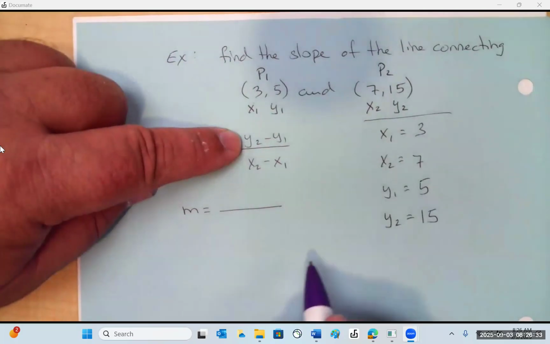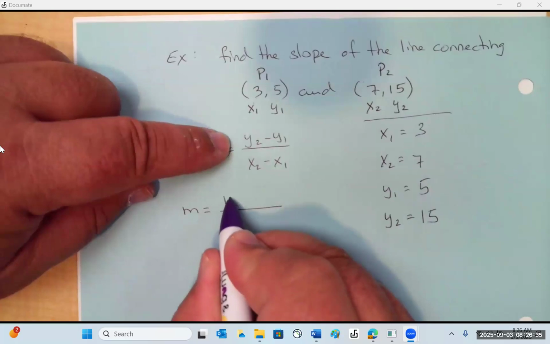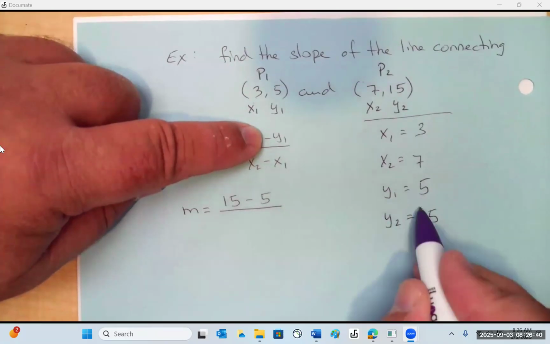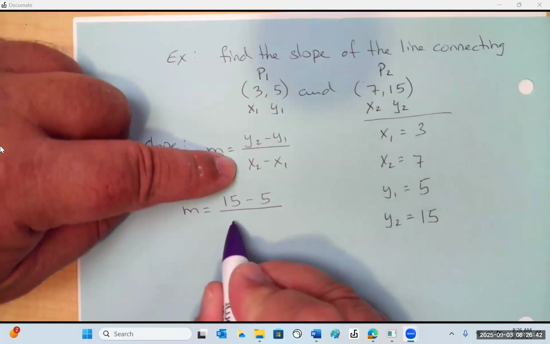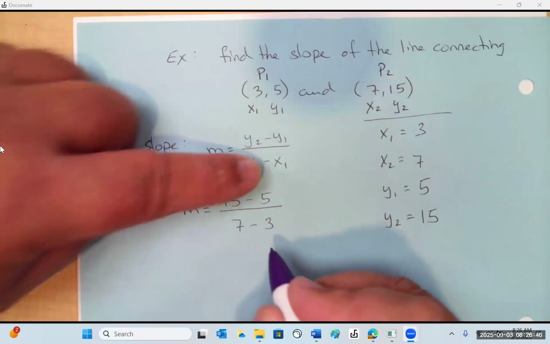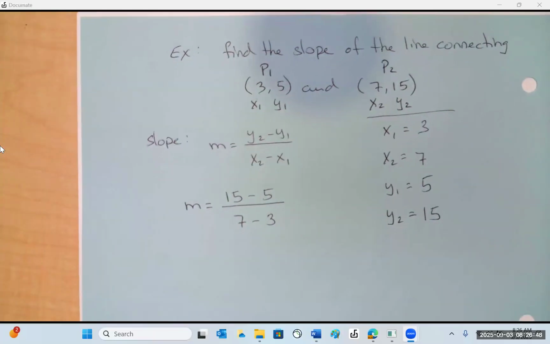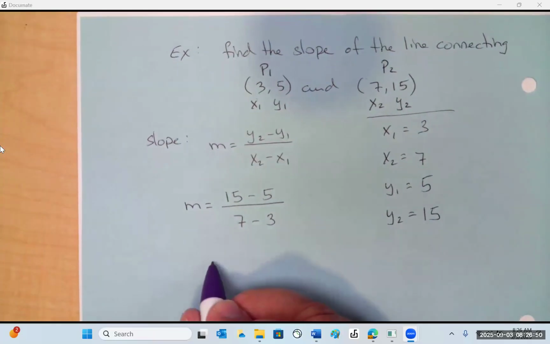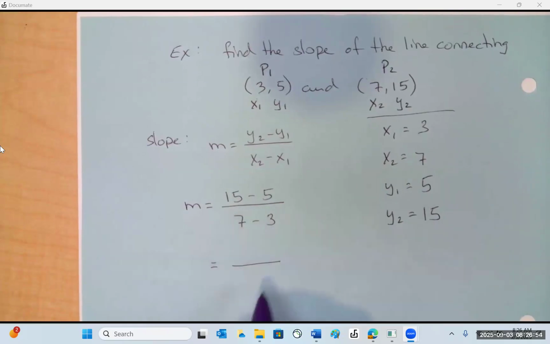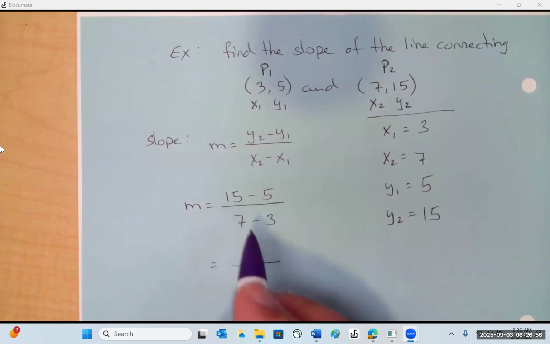So y2 is 15, y1 is 5, x2 is 7, x1 is 3. We treat the top and bottom separately. 15 minus 5 over 7 minus 3.